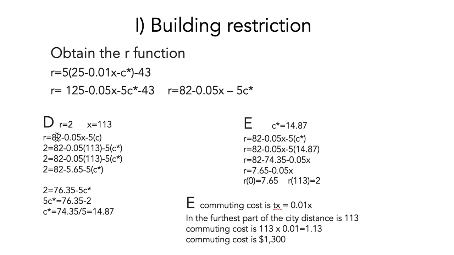So we go back to the original, the one without the X and R solved. And we learn from simplifying this equation that R is equal to 7.65 minus 0.05x. When distance is 0, when you're right at the core, your rent is 7.65, and when you're the farthest possible from the core, 113, your rent is 2.